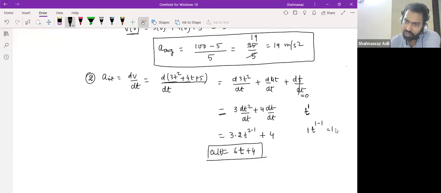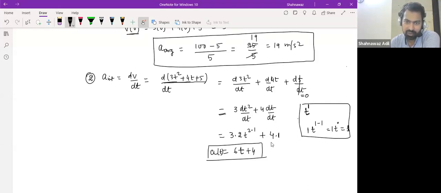So t to the power 0 is 1. So 4 into 1 is 4. We can also write dt by dt is 1, or if t is to the power 1, we can solve it this way also. Is this clear to you guys?